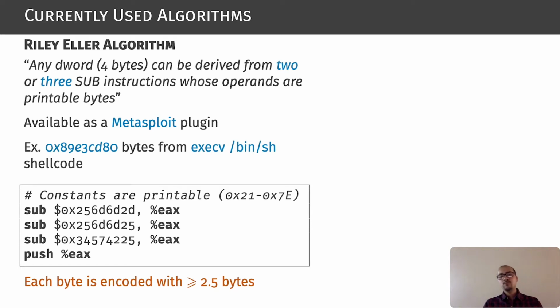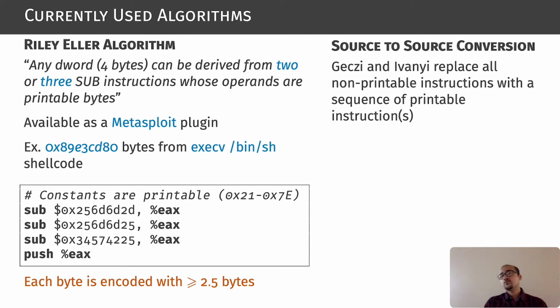So one observation here is that each and every byte that Riley Eller's algorithm produces has an overhead of 2.5 bytes with regards to the original shellcode byte. So in other words, for every byte of the original shellcode, Riley Eller's algorithm produces an output that takes at least 2.5 bytes to encode that single byte of the original shellcode.